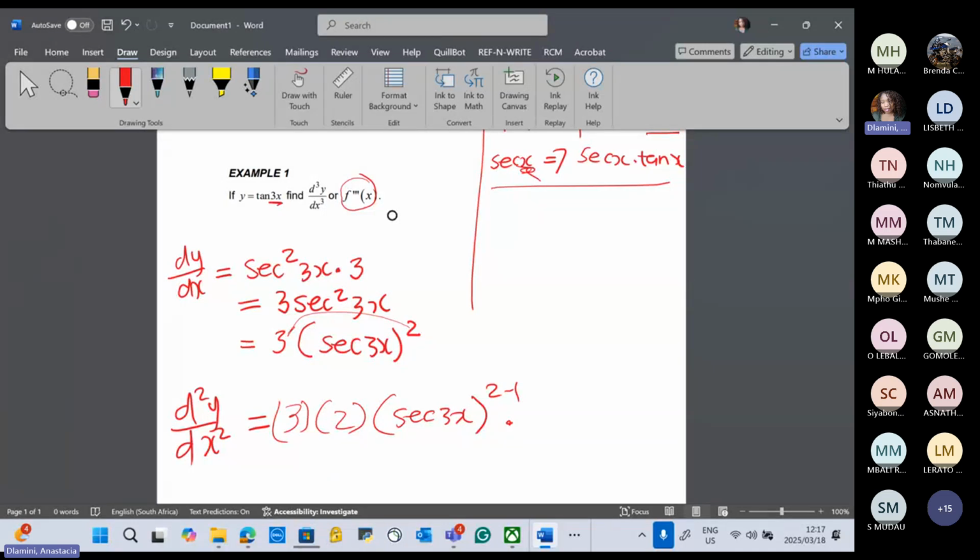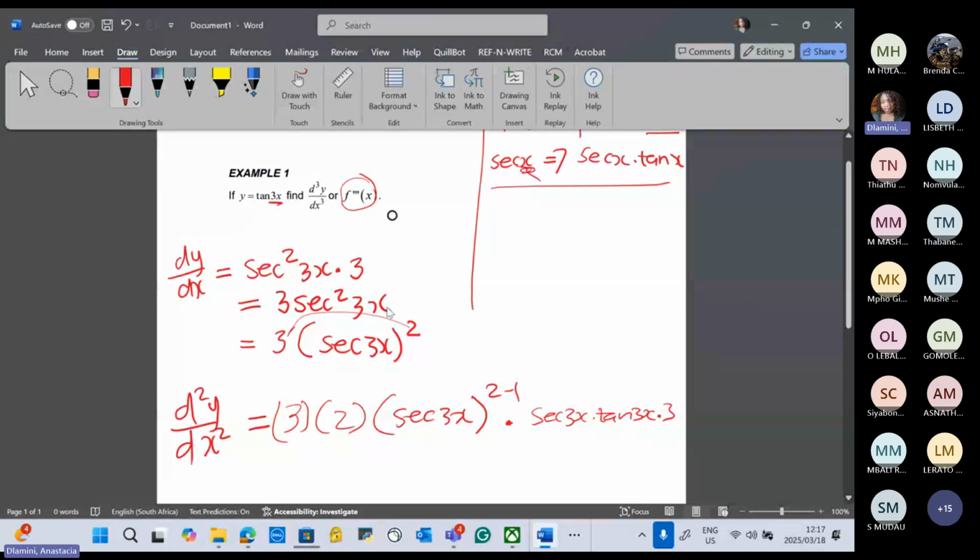Don't say 6 and then the child doesn't know where to get that 6. Then we differentiate the inside, which is sec 3x. It's going to be sec 3x times tan 3x. And then also differentiate the 3x, which is going to give a 3.